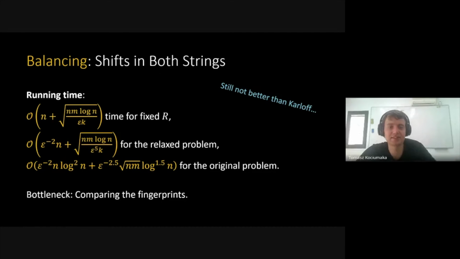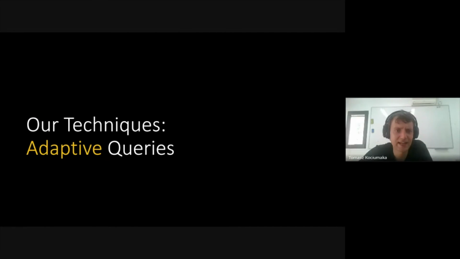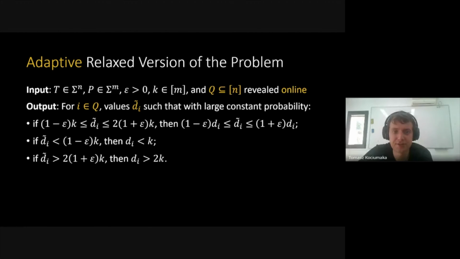So we need to slightly change the definition of the relaxed problem, and we add some kind of adaptivity to this problem. Namely, we introduce a set of positions, a set of offsets Q, that is going to be revealed online in a left to right fashion. And now we relax the problem further so that we require outputting anything only for the positions in the set Q. So you can think of Q as kind of queries.